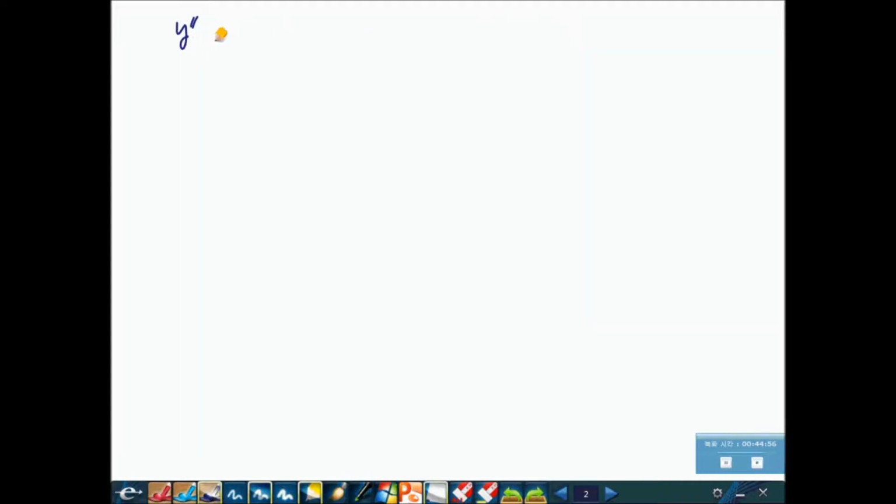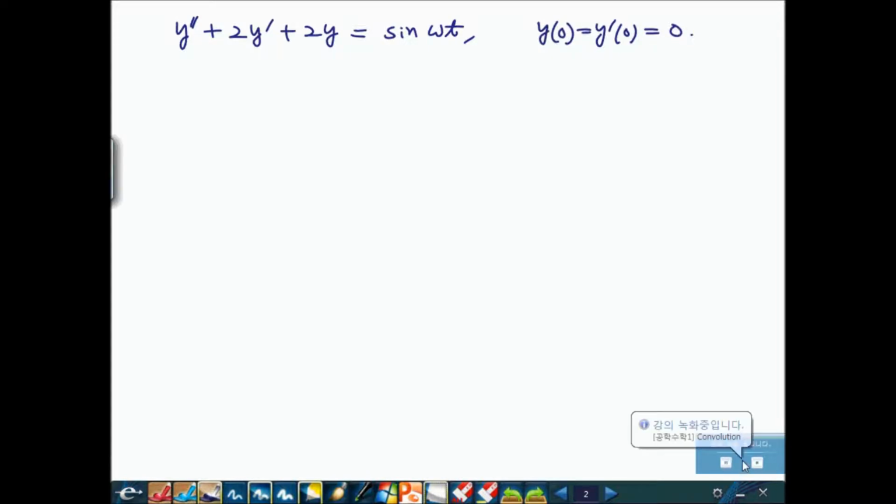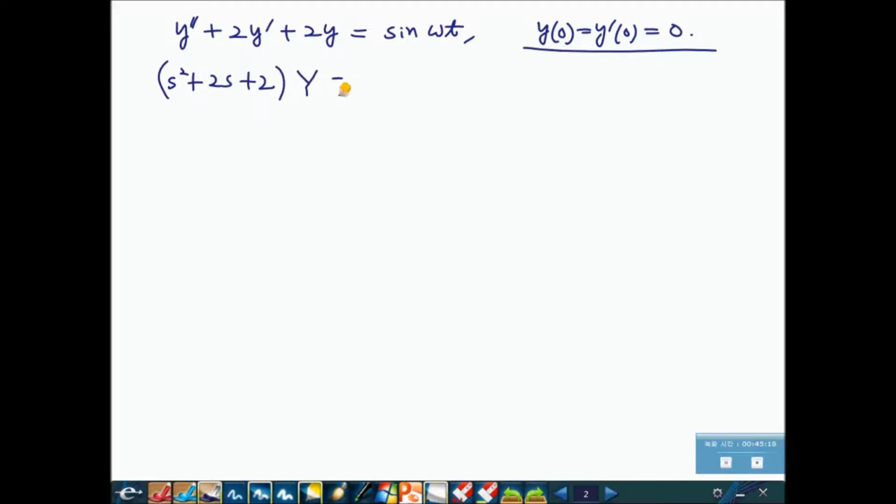Y double prime plus 2y prime plus 2y is sine omega t, and the initial conditions are 0. Since the initial conditions are all 0, s squared plus 2s plus 2 times big Y is omega over s squared plus omega squared.